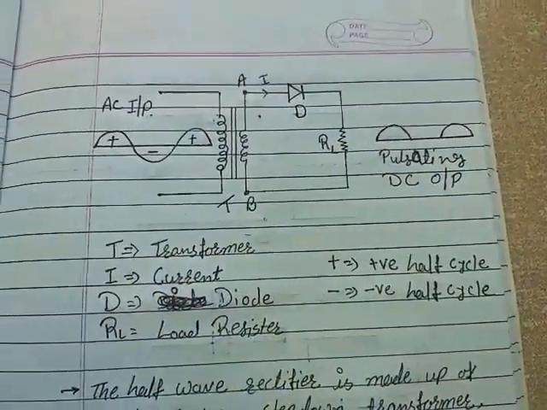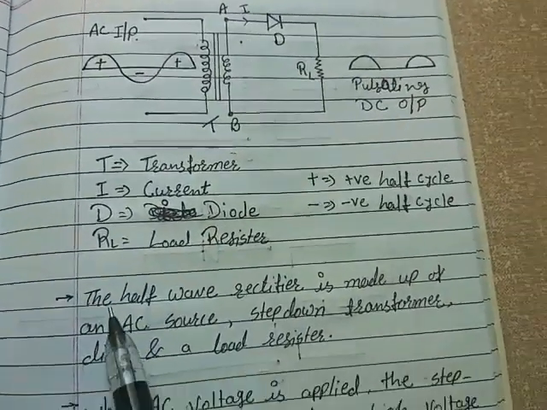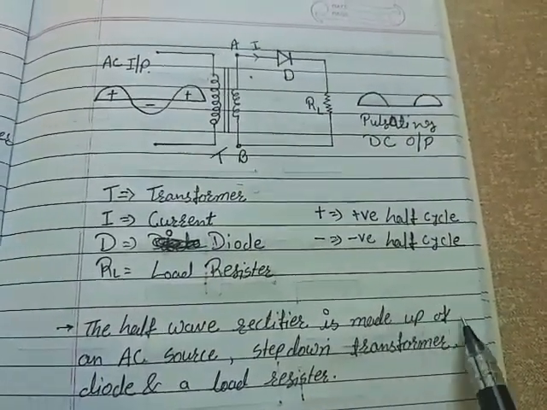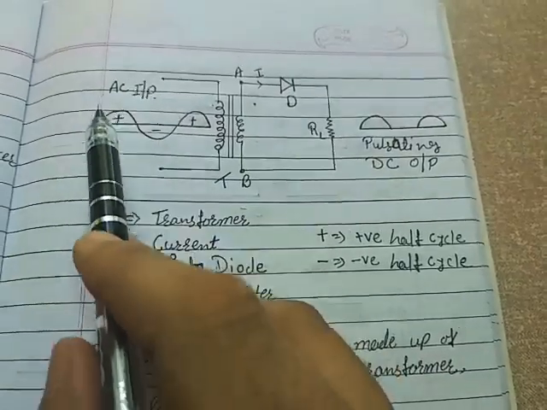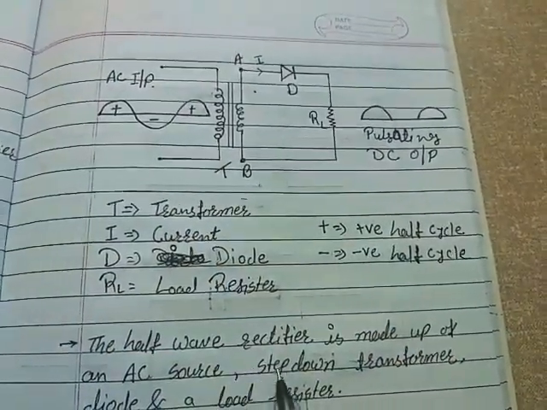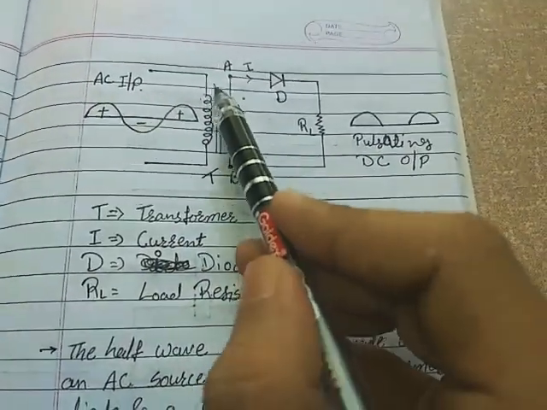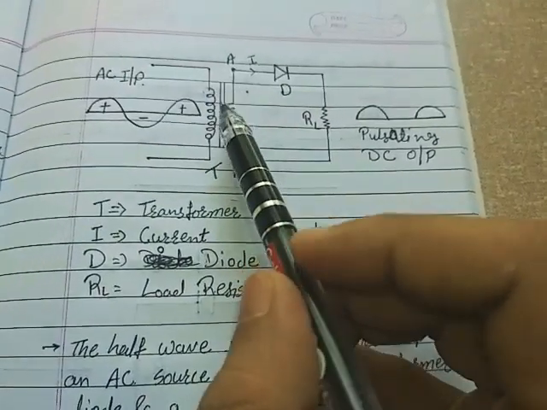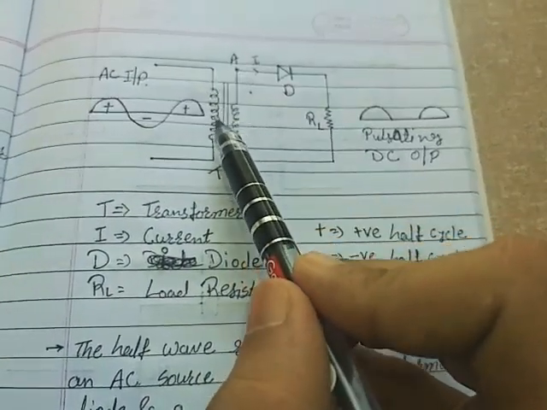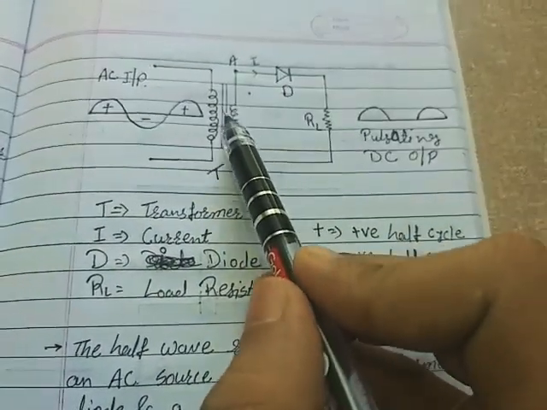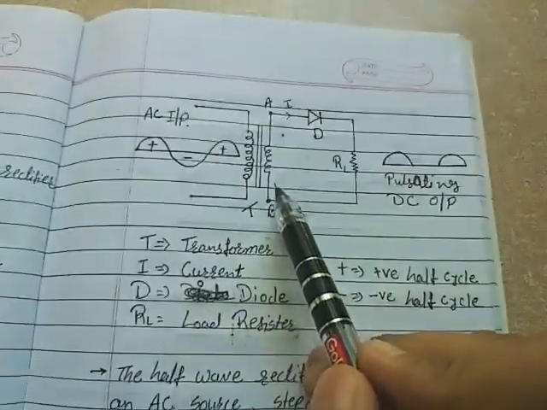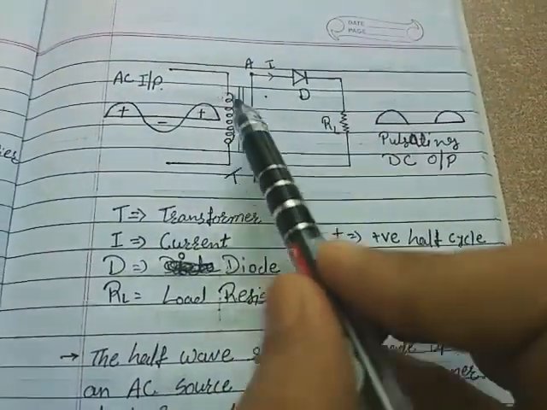Now let's see the working. The half wave rectifier is made up of an AC source, a step down transformer, a diode and a load resistor across which we are taking the output. It is a step down transformer because in the primary winding the number of turns is more than in the secondary winding.